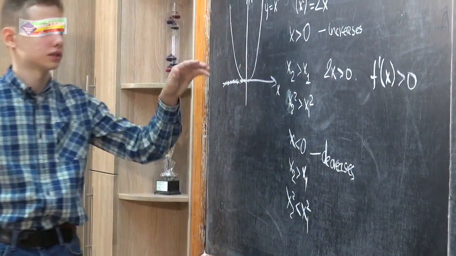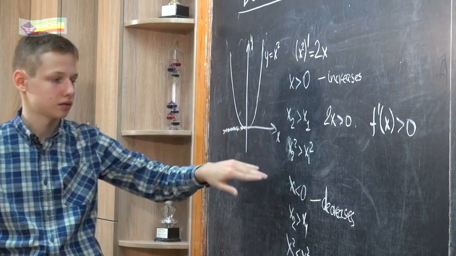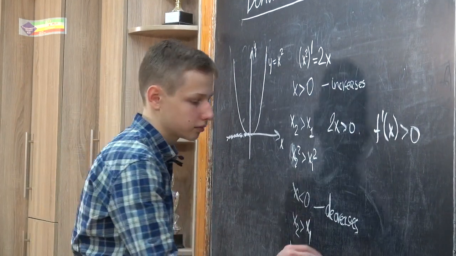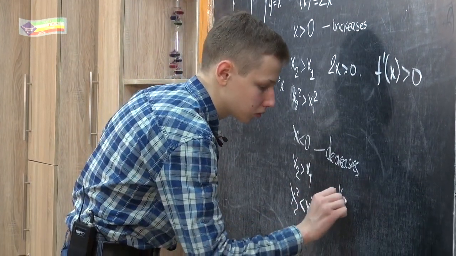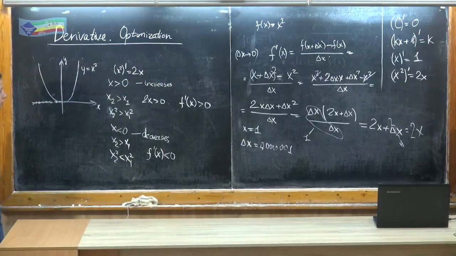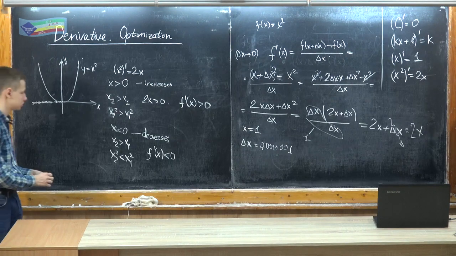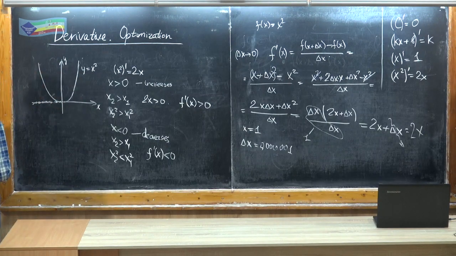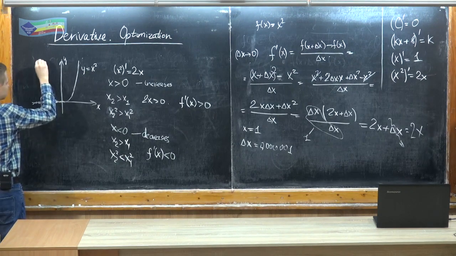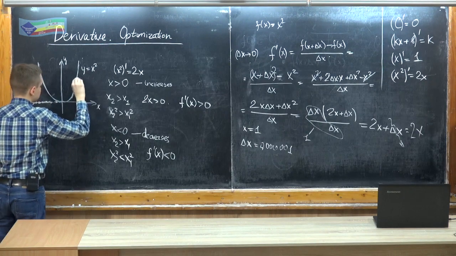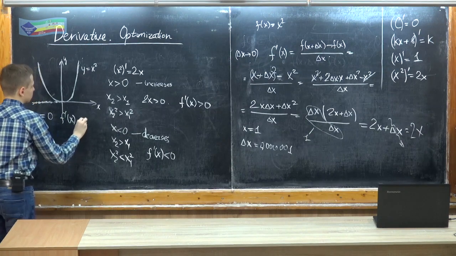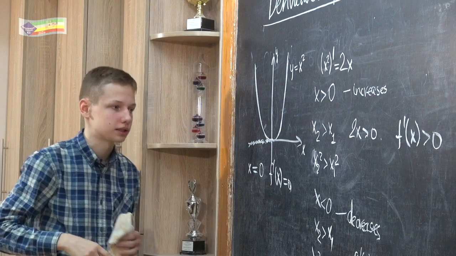And again, if we take a look at our derivative, because x is smaller than 0, the derivative is smaller than 0. Right? And now what will happen if x is equal to 0 in that case? In that case, our derivative is equal to 0, because we can substitute 0 and we will get 0.